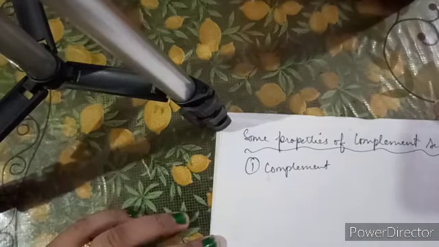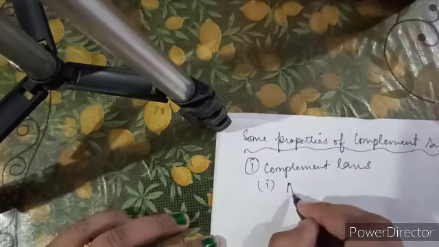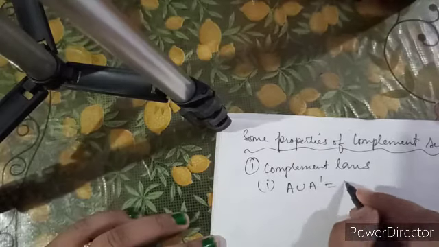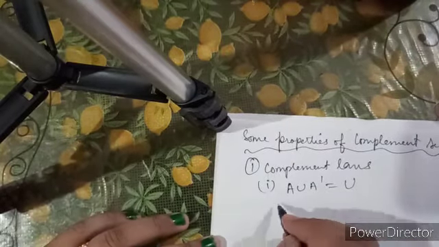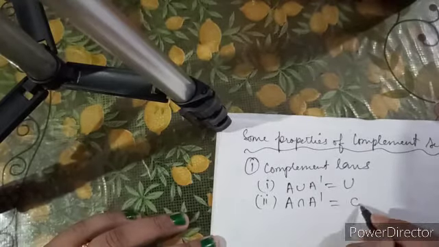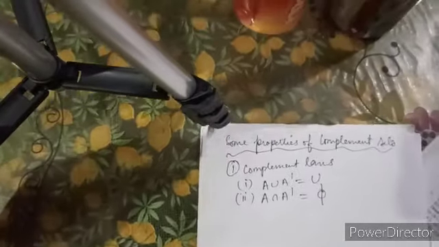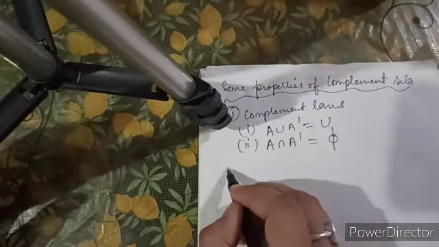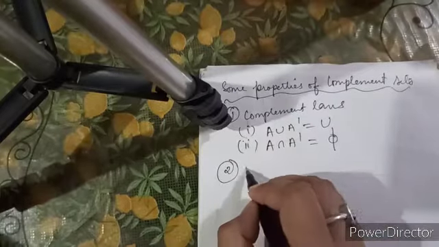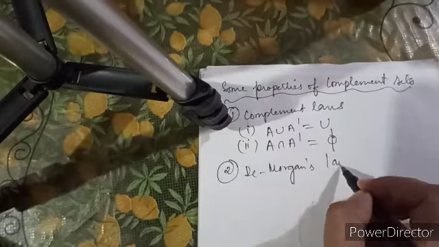First are the complement laws. A union A complement will always be equal to U, the universal set, and A intersection A dash will be phi, since there is nothing common between A and its complement. Number 2 is De Morgan's law.